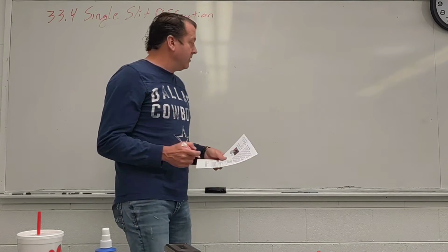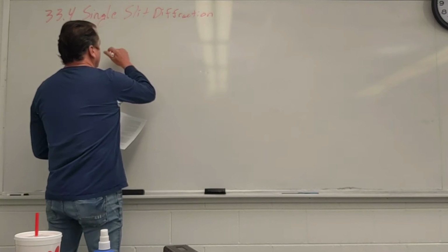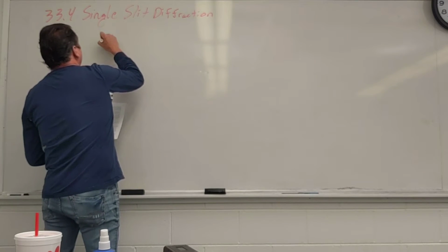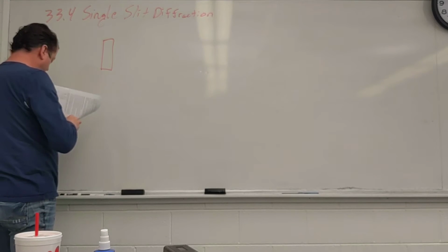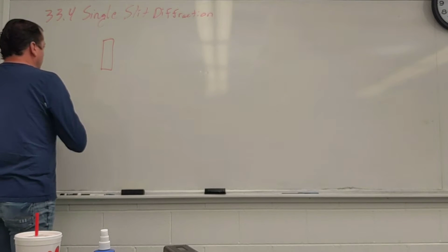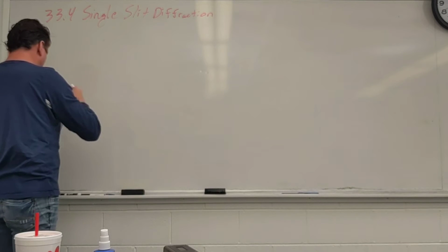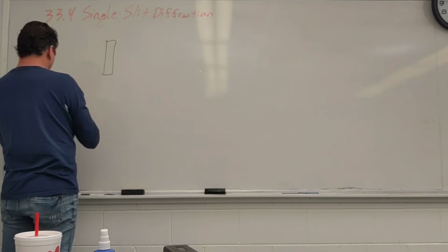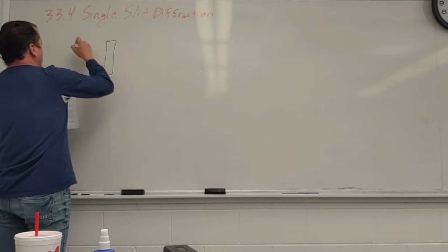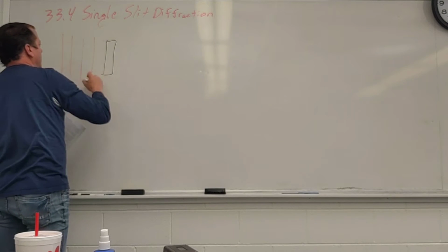Let me just give you an idea of what it looks like. So if you look at a slit like this, and you have light going through it, let me draw this in black. And you've got light coming through it, a plane wave of light.